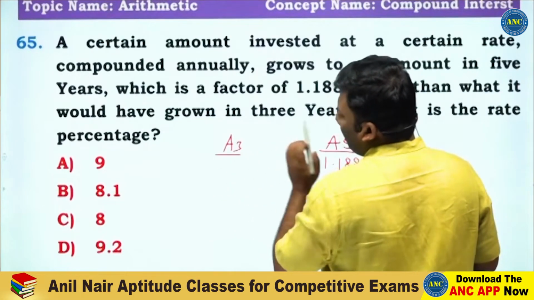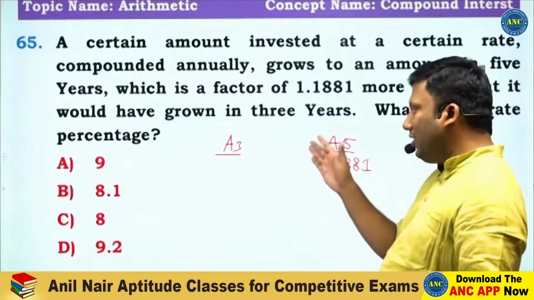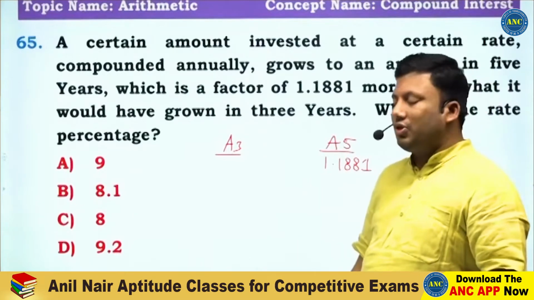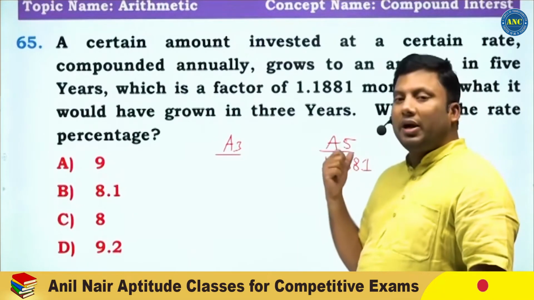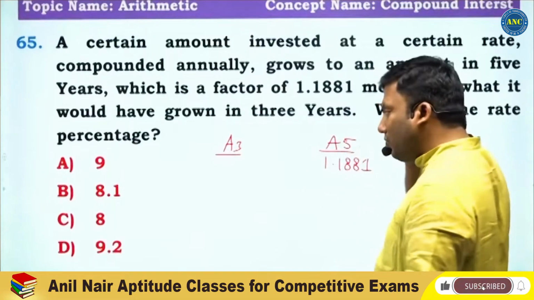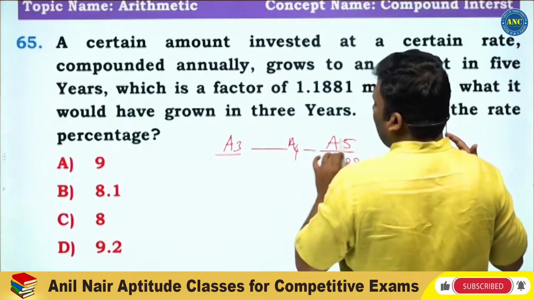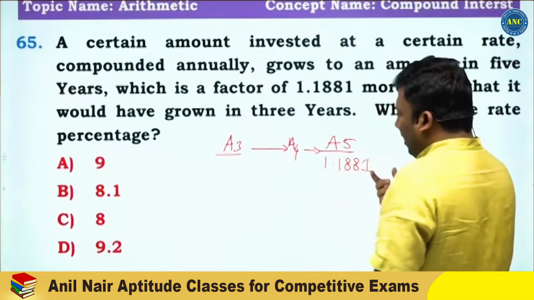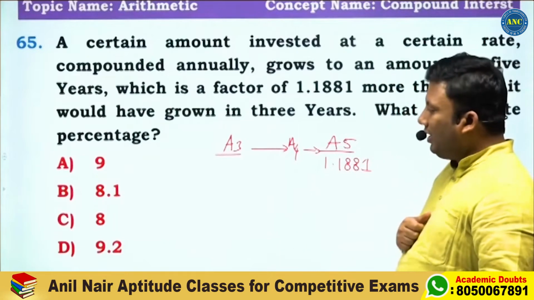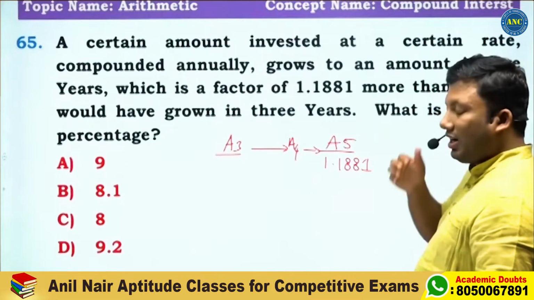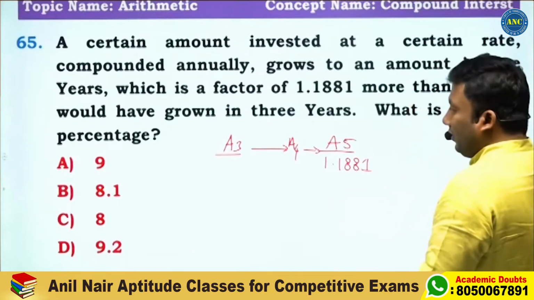From A3 to A5, it has grown by 1.1881, so A3 to A4 and A4 to A5. What is the rate of interest?